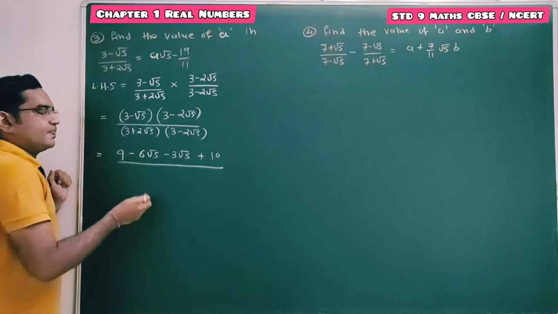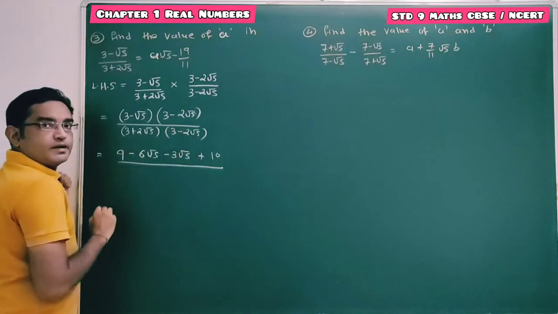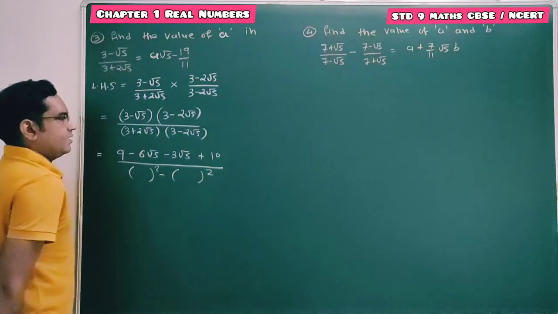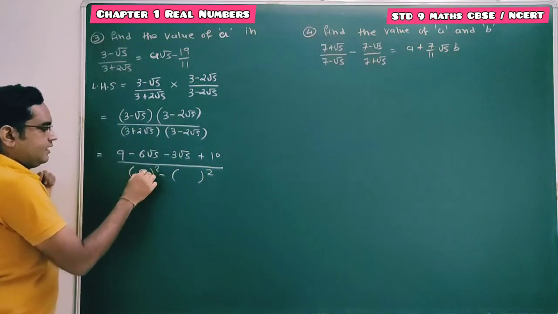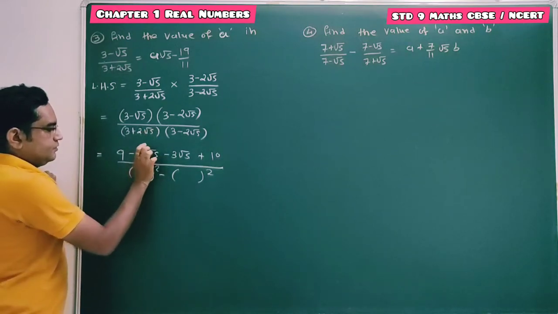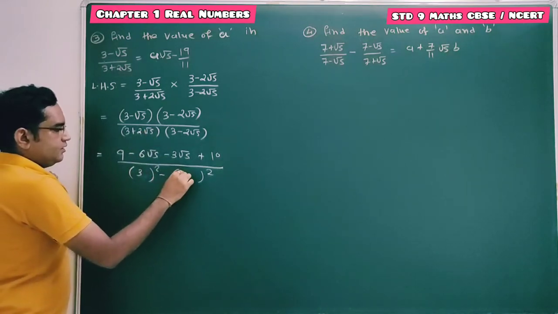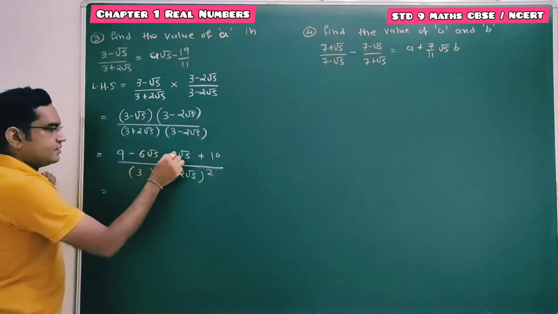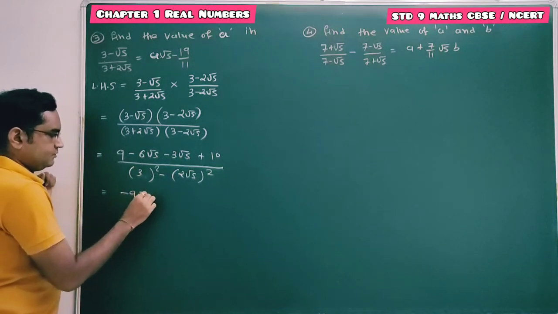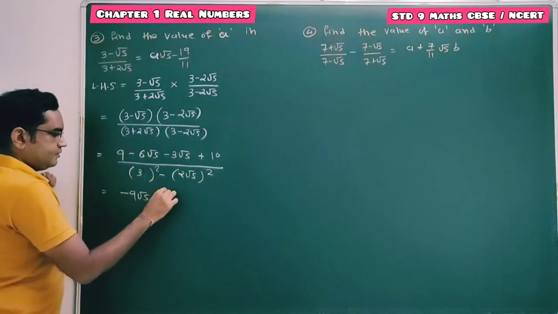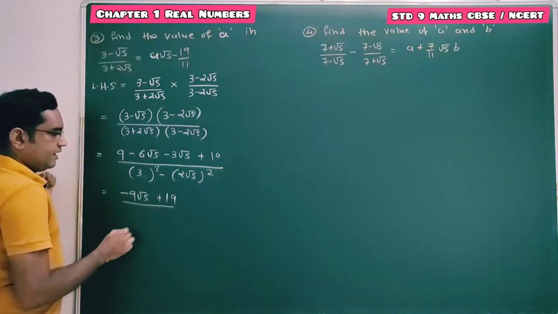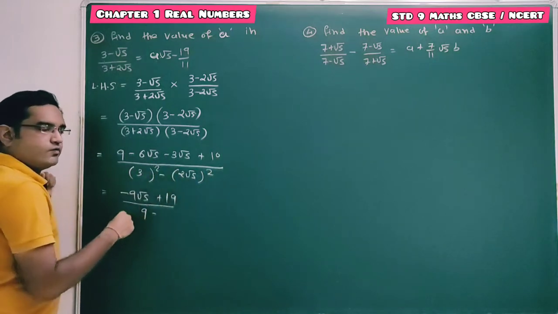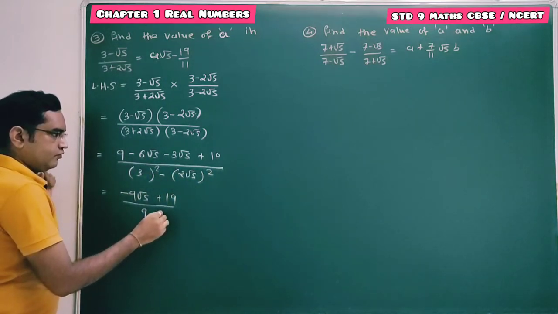Upon this one is of the form (a plus b) into (a minus b), so it's first term square minus second term square. So 3 square is 9, and 2 root 5 square we'll do later. So this is equal to minus 6 minus 3 root 5, 9 plus 10 is 19, divided by 3 square 9 minus (2 root 5) square, so 2 square 4 and 5 square 5, so 5 4s are 20.